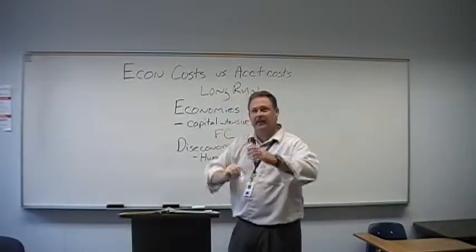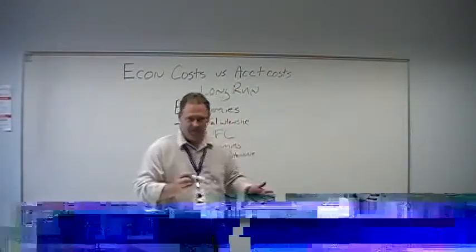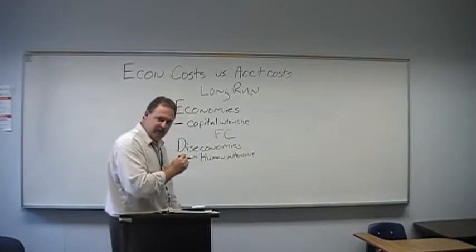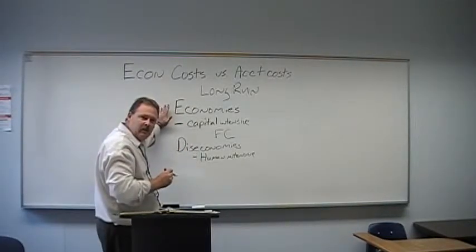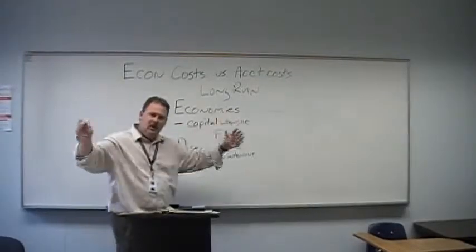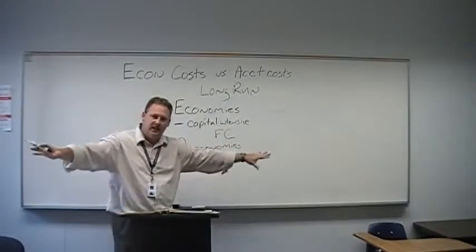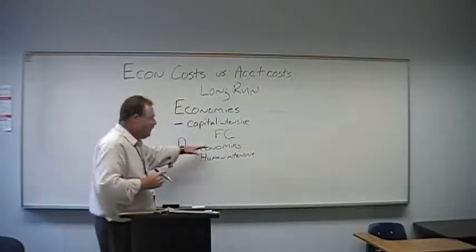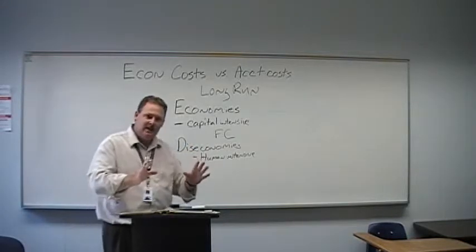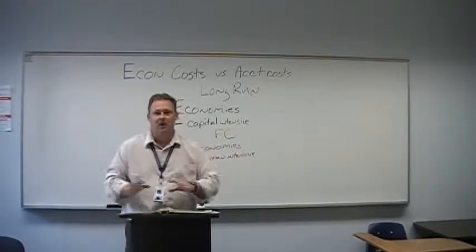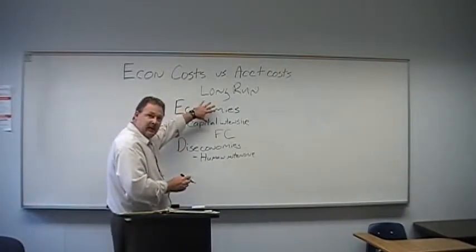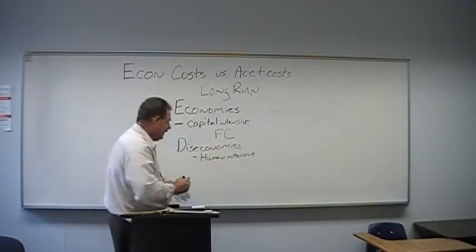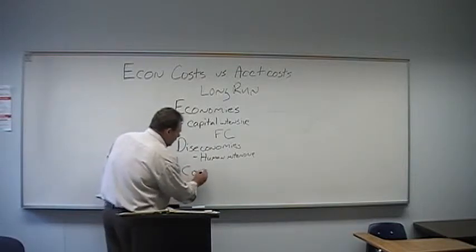So when we're looking at that long run, where we can make things any size we want, that's where this comes into play. If we have an industry that has economies of scale, you want to build one giant facility to produce for the entire market. If you have something that has diseconomies of scale, you would rather have several small units to produce. Because bigger is better or smaller is better, there's also a state called constant returns.